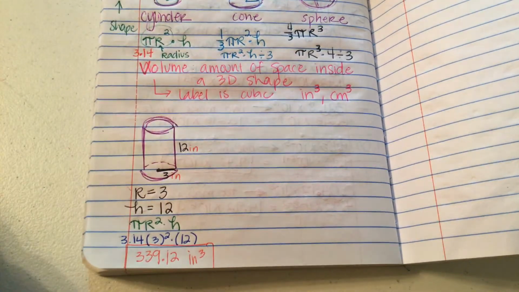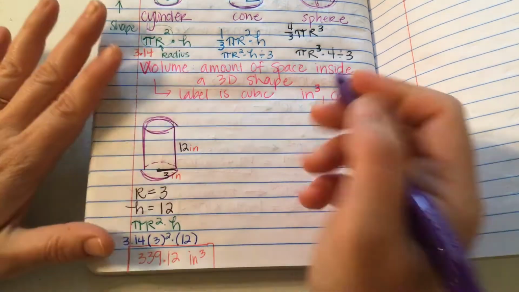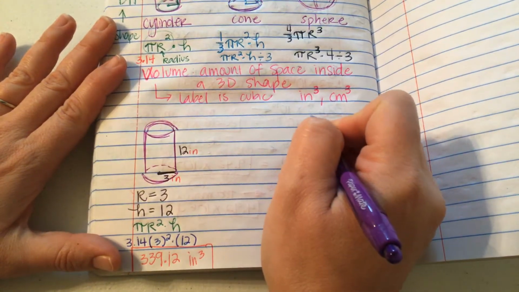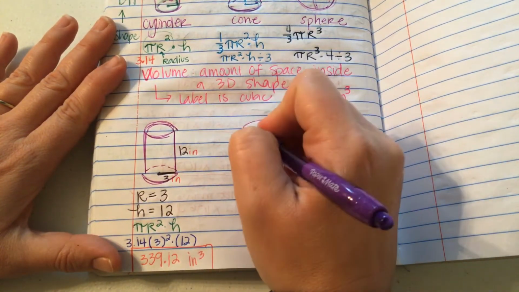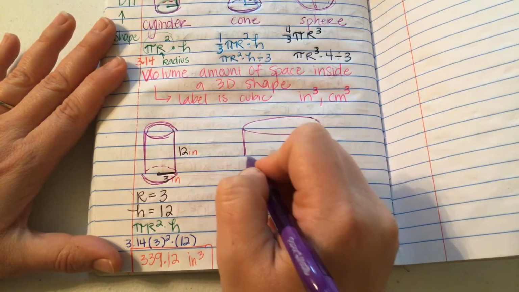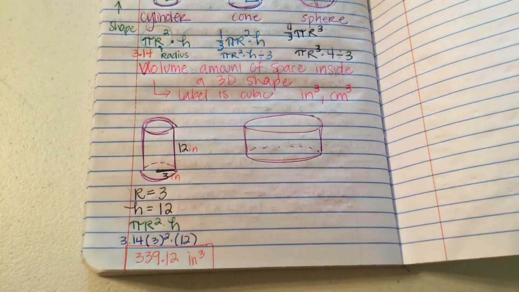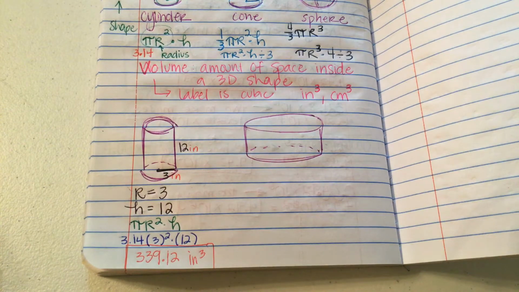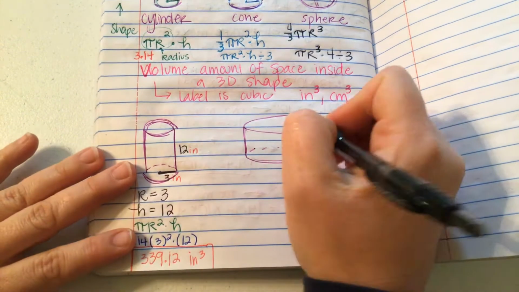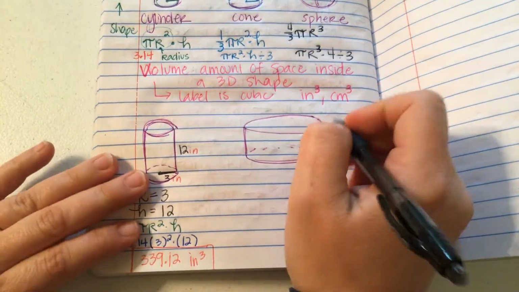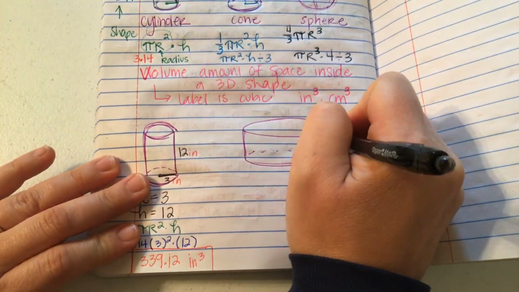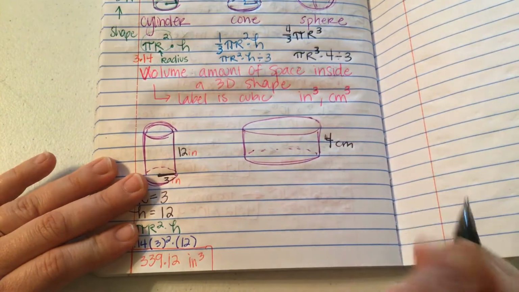All right, we're going to do another one. Let's go with, here's my cylinder. And I'm going to actually on this one say that the height is 4 centimeters.